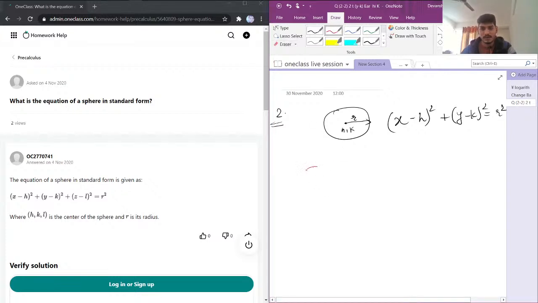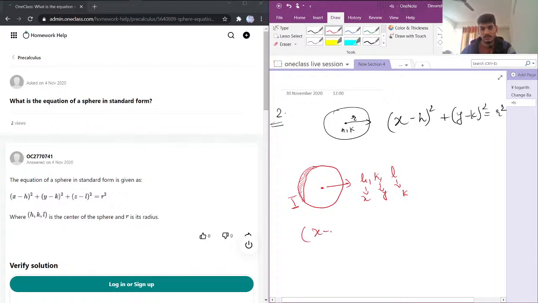So suppose I take this as the z direction. If I add one more dimension and I have a center point here, then the coordinates of the center point will be h, k for x and y, and for z I will have one more, which will be l.